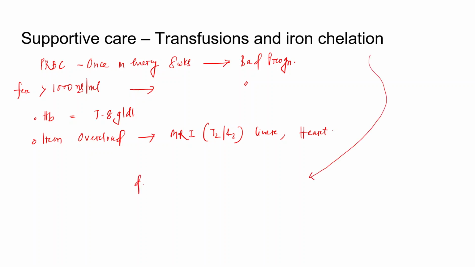Now we have 3 iron chelators: deferoxamine, deferasirox, and deferiprone. Deferoxamine is usually given as IV. Deferasirox is oral.